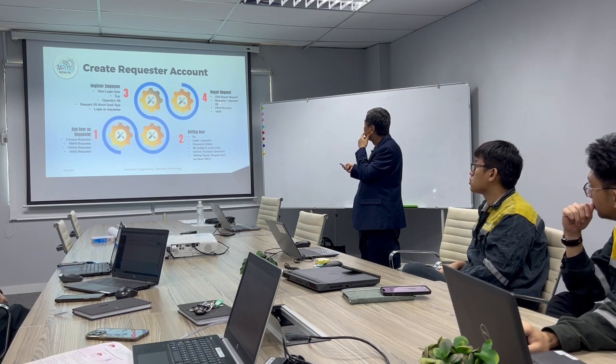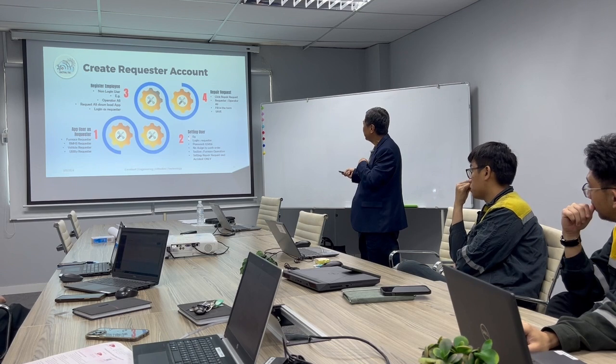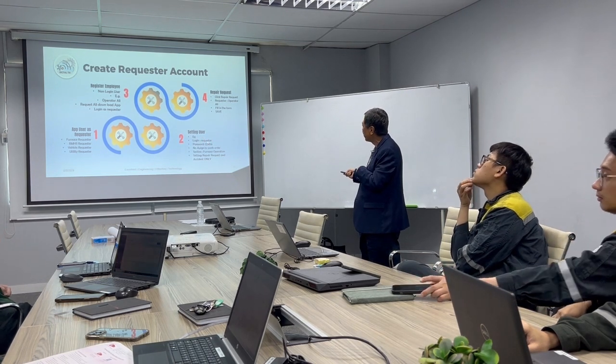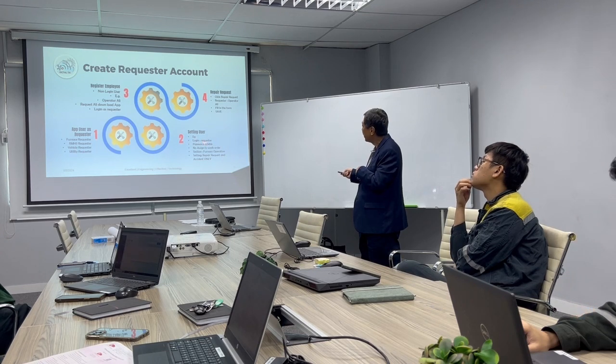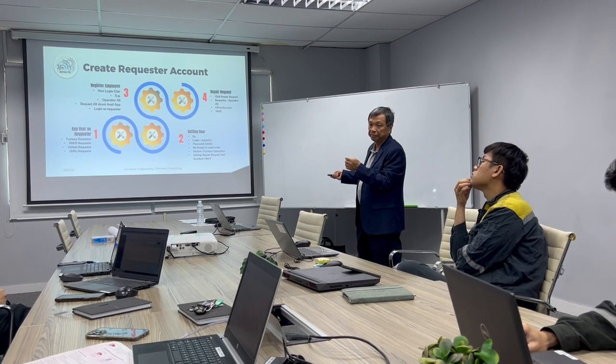I think these are the steps. One, app user as a requester. Then, setting up a user. For example, the login name is called requester, or it can be furnace requester, or RMHS requester, or any department requester. And for the password, you give a simple password because this one can be open, no problem.